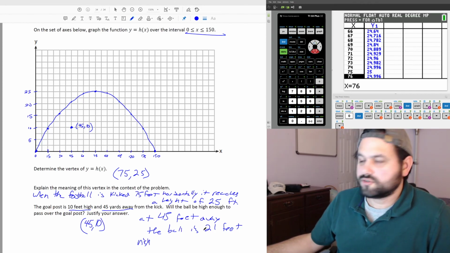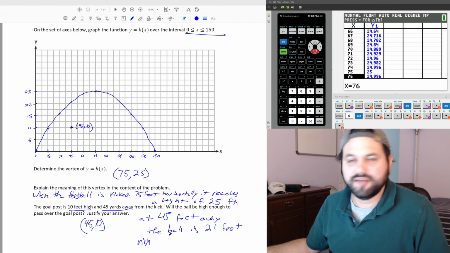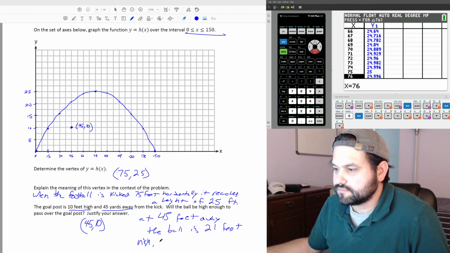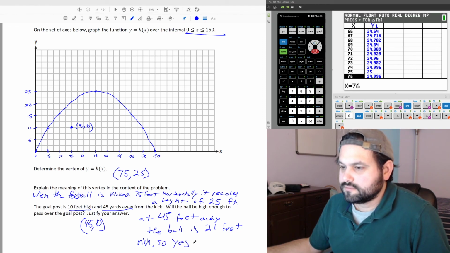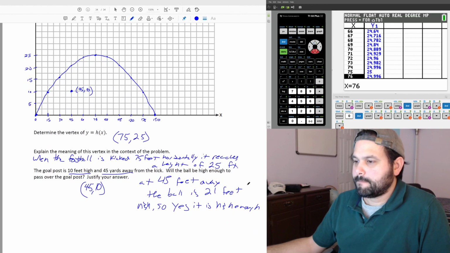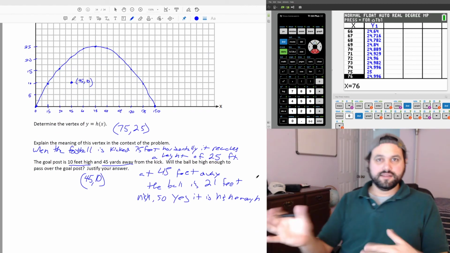So the ball is 21 feet high, which means, yes, it's cleared it by like 11 feet, right? So, yes. It is high enough. Now, whether it was wide left or wide right, we don't know.